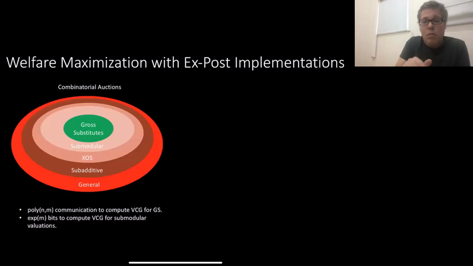The definitions of gross substitutes are not really important for now. Gross substitute valuations are easy as far as we're concerned. Everything else, submodular, XOS, additive, requires exponential communication even to compute the optimal solution. So that's going to be hard for us, even for ex-post implementation.